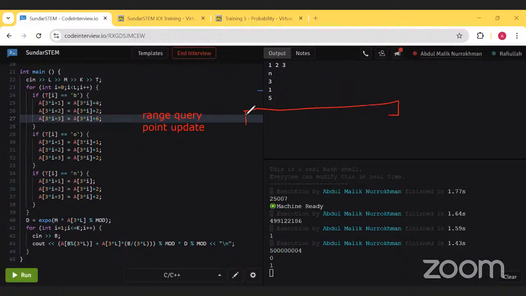With segment tree, we can operate an array.